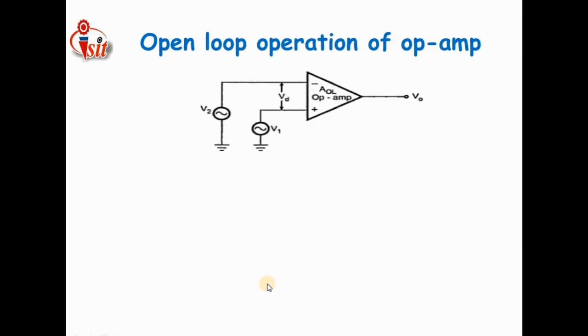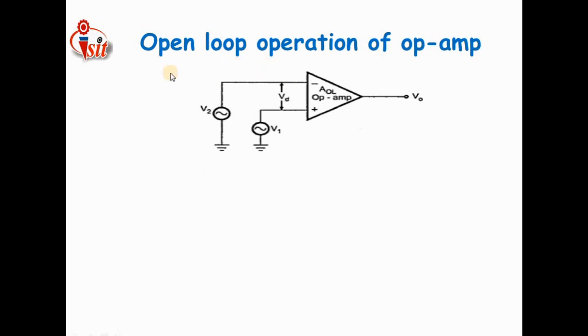Open loop operation of the op amp. Why are we calling this op amp open loop? Because the op amp does not have any kind of feedback. Just see here, I have not connected any feedback from the negative terminal or from the positive terminal, so it does not have any closed loop.